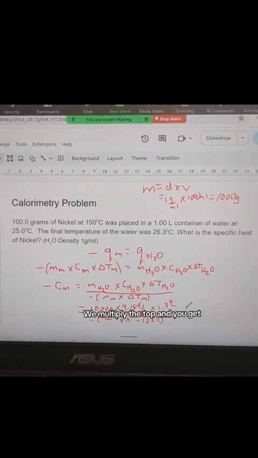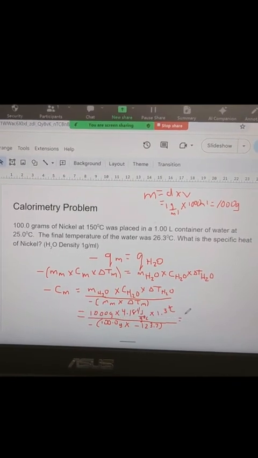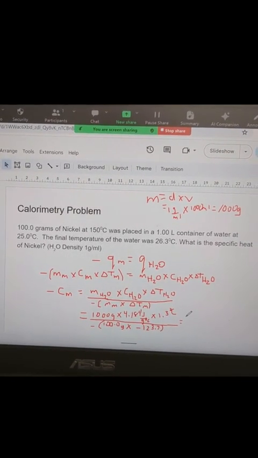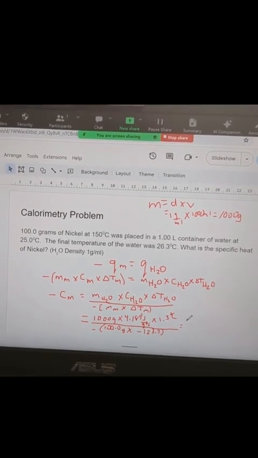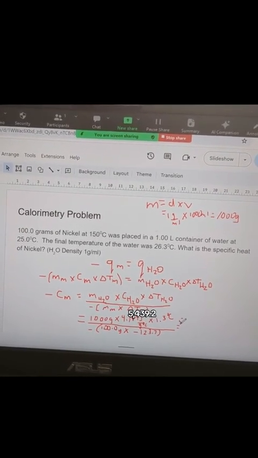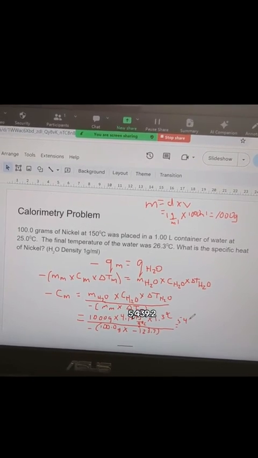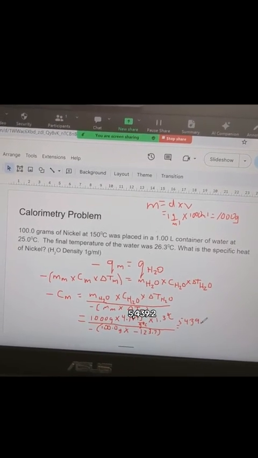You multiply the top and you get 5,439.2.